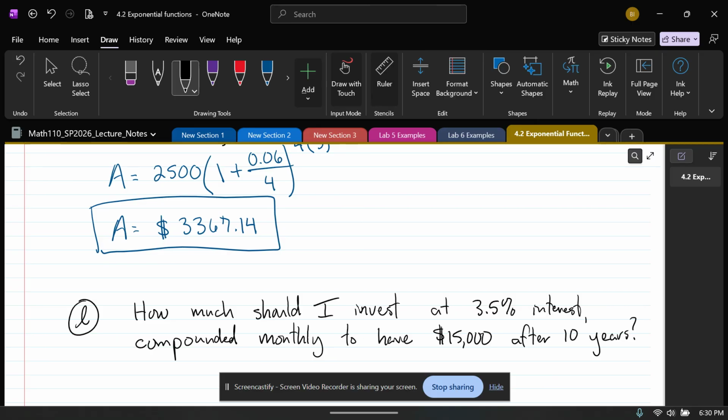So I want to put some money in an account and leave it alone for 10 years, but I want it to have $15,000 at the end of that 10 years.